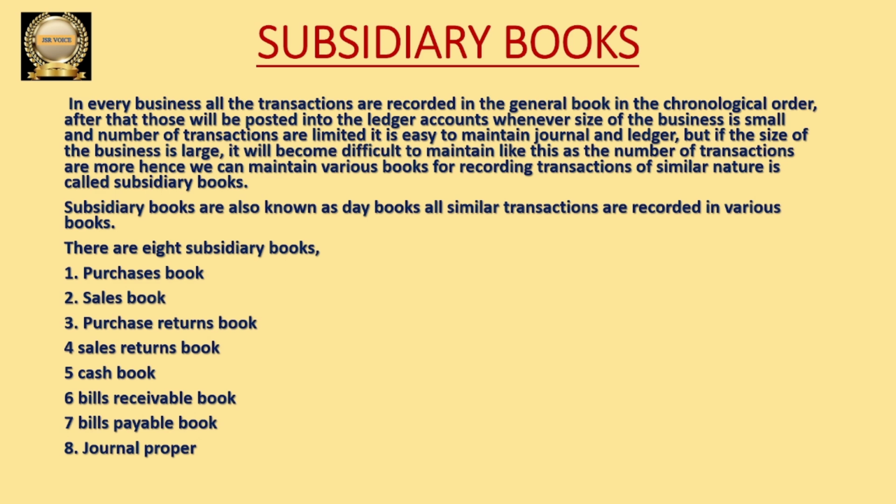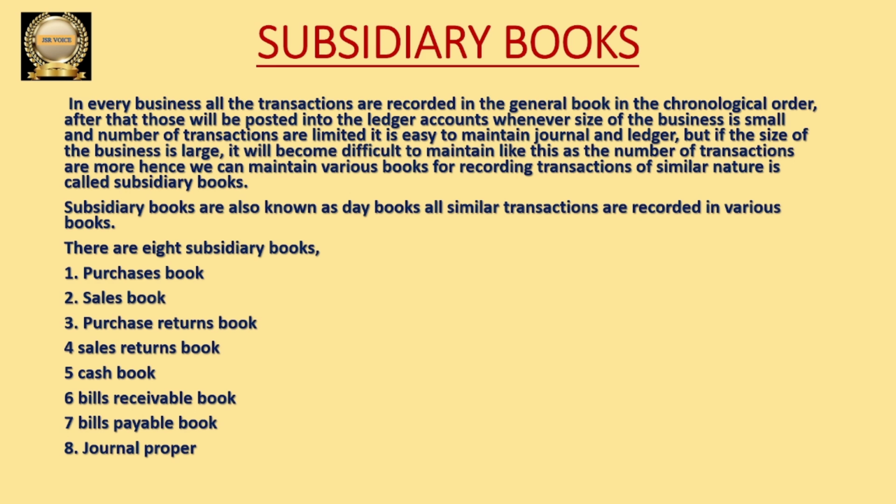If you want to know about the purchase of goods from any person, we can just open the purchase book, go through the transactions, and search for what we want. It is very easy. If for every transaction we write a journal entry and post it into the ledger, it consumes a lot of time, and whenever we want to know about a particular transaction, it takes much time to search.